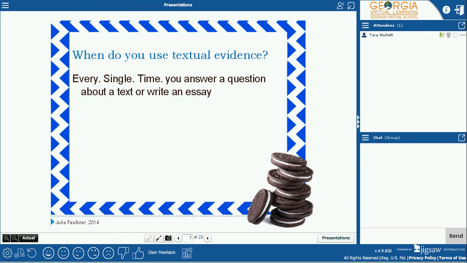So every time you answer a question, whether it be a constructed response, for example, on a milestone test, I believe even the SATs does that, but I think the SAT requires a full essay. Every time you answer a question in an essay, you need to have textual evidence all the time.